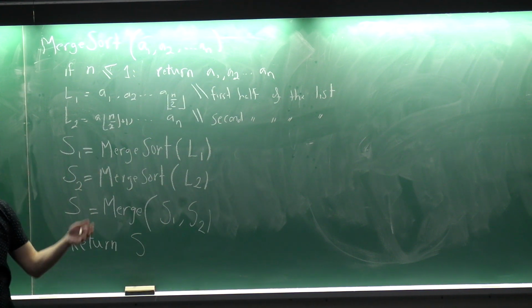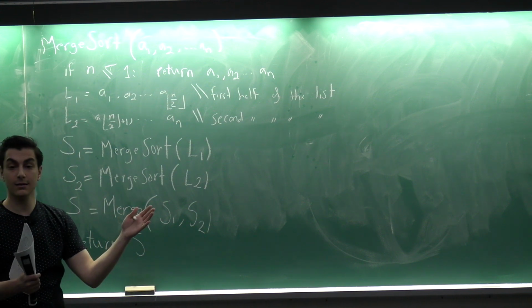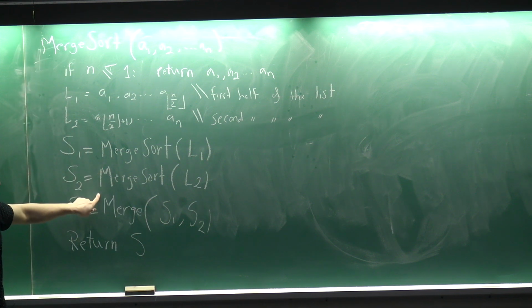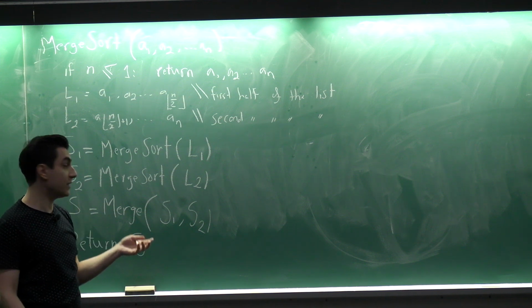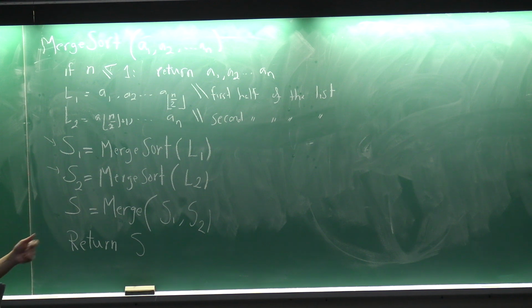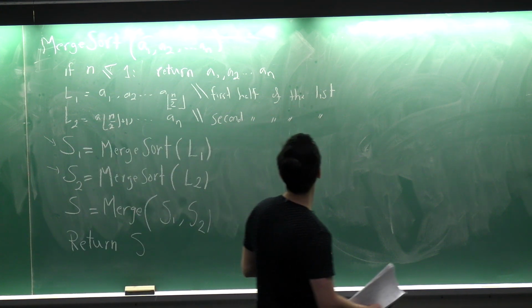But if the list is larger than 1, then we just basically split the list into two equal size lists, and we call the same function to sort them. Sort each piece alone, and then each one will return a sorted list. And all we have to do now is to merge them into one large sorted list and return this. Okay? Let's see how we're going to try to do the merging. This will clear things out.